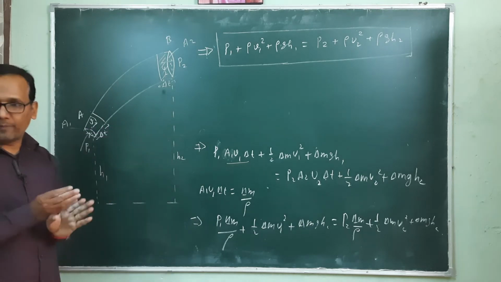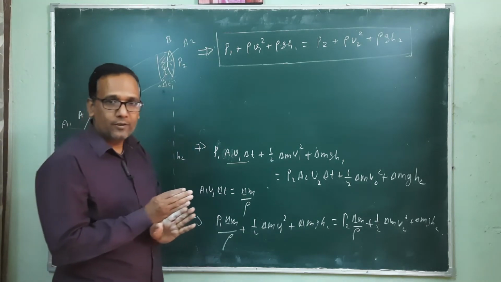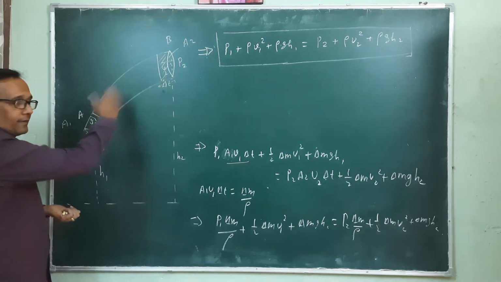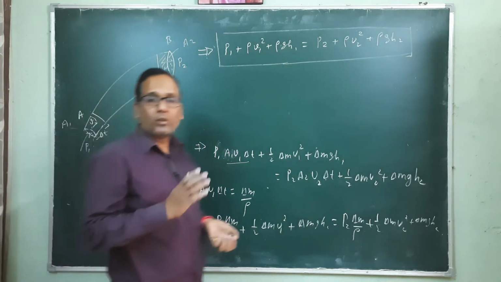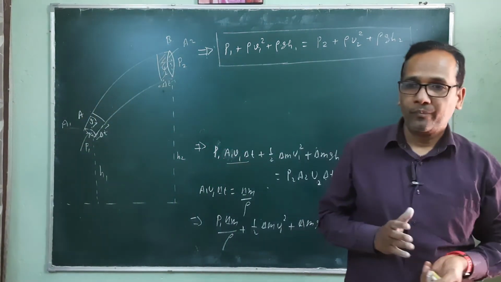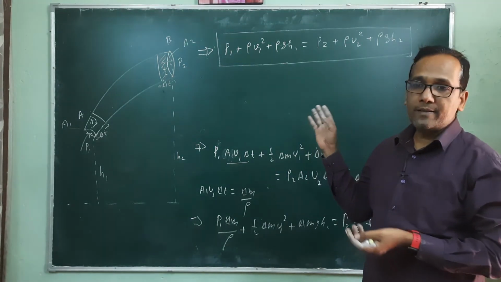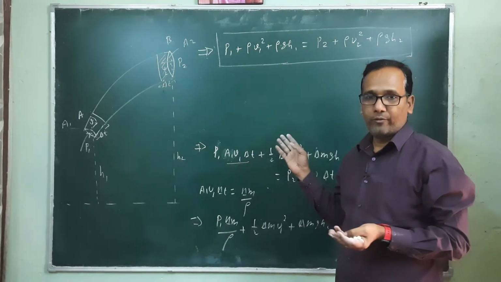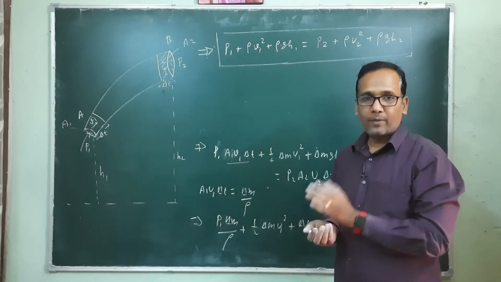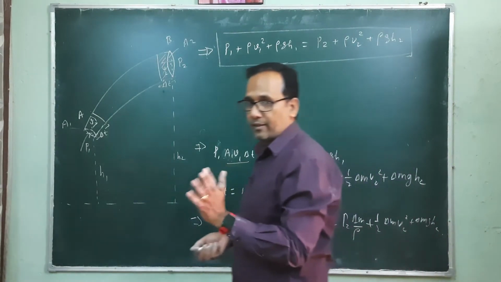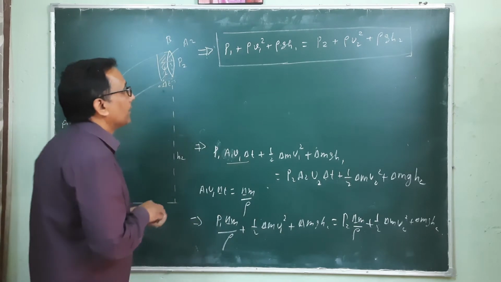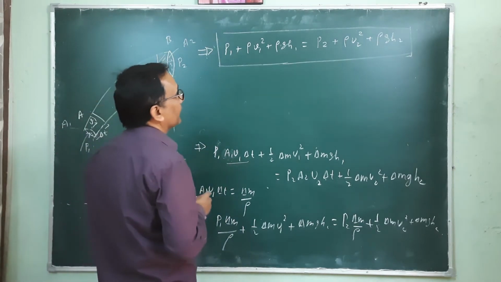Total energy means pressure energy, kinetic energy and potential energy. In every cross section, the total energy is conserved. So this calculation tells us that the total energy of a fluid is conserved.